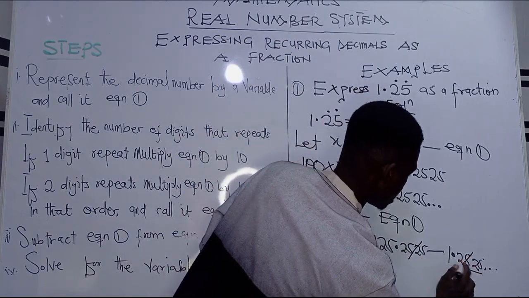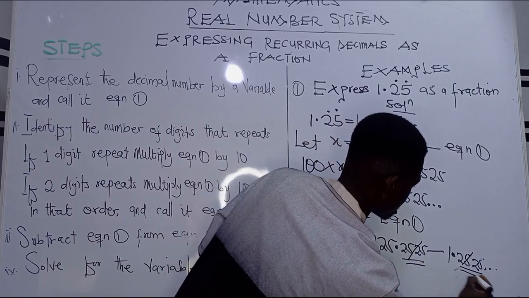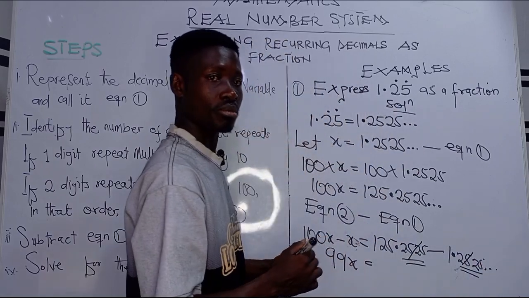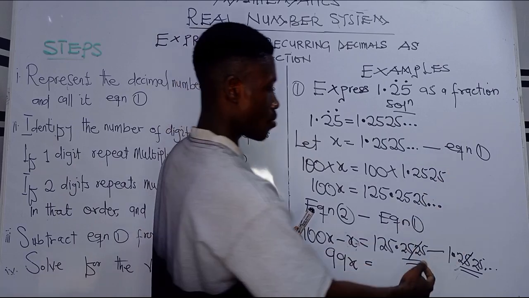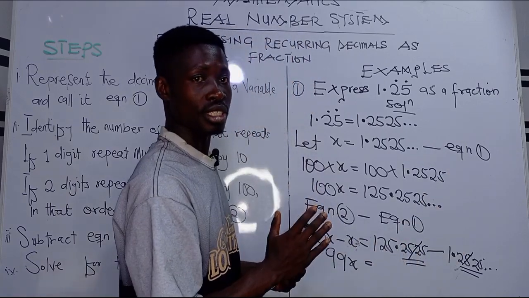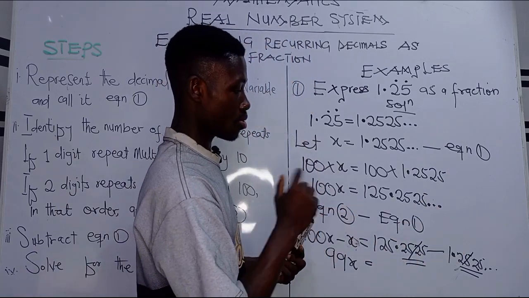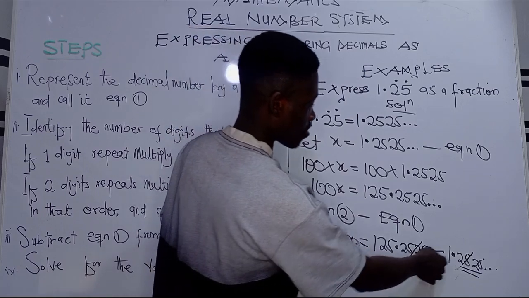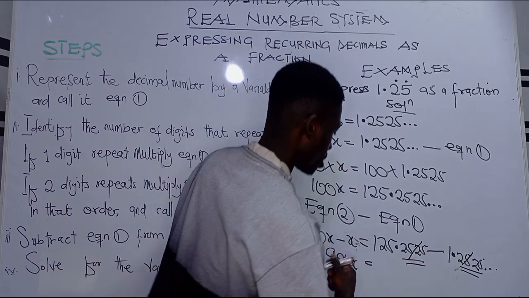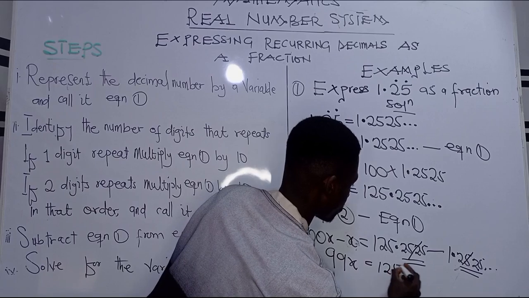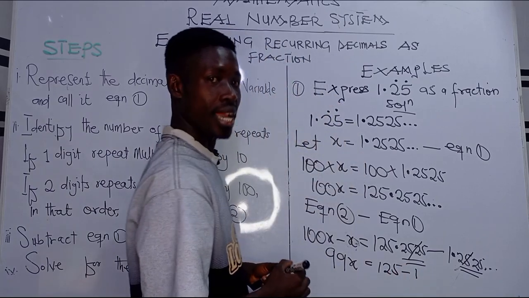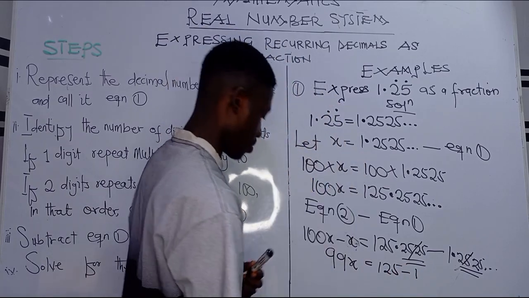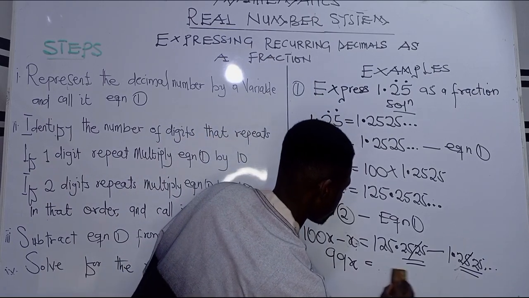So those numbers behind the decimal point, these two numbers, since they run up to infinity, when you subtract them, you are going to get 0. So now you are left with 125 minus 1. And that is 124. So let me write it.